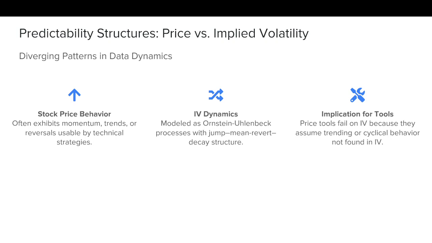It follows a jump, mean-revert, and decay structure, often modeled using stochastic differential equations like the Ornstein-Uhlenbeck process. This foundational difference explains why tools designed for price data, which assume momentum or oscillation, often misfire when applied to IV. So the key is to use stochastic and regime switching models for IV analysis, which come from quantitative finance.